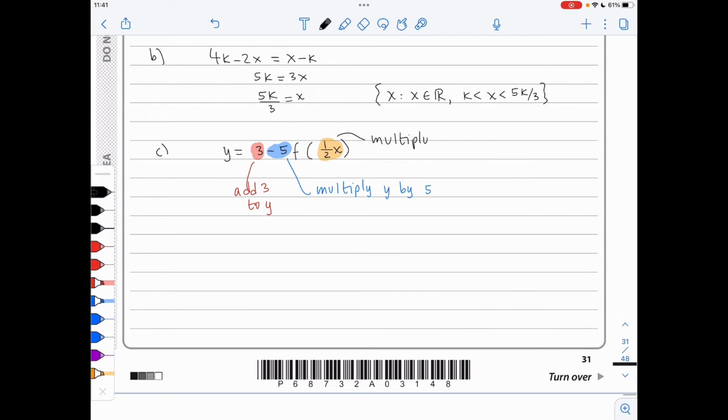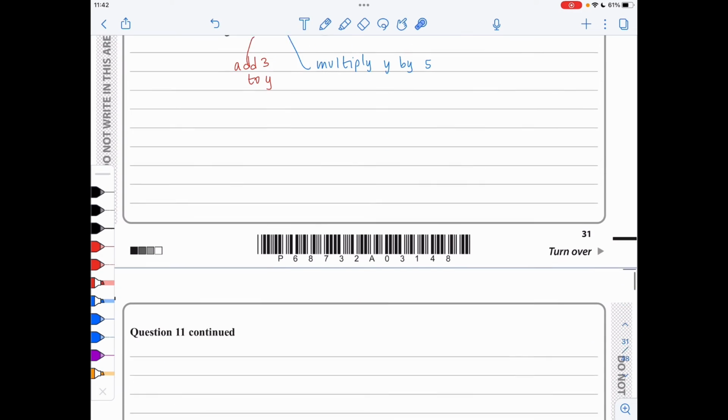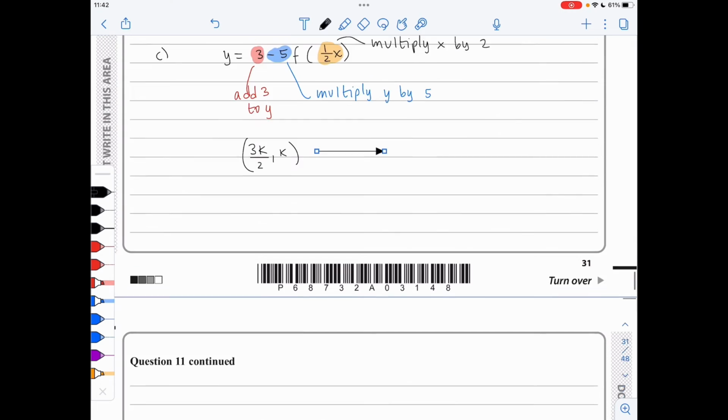So we will apply these transformations on the vertex, which was at 3k over 2 comma k. So if we start from 3k over 2 comma k, then let's consider how the x and the y get affected.